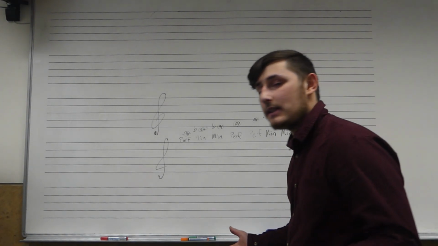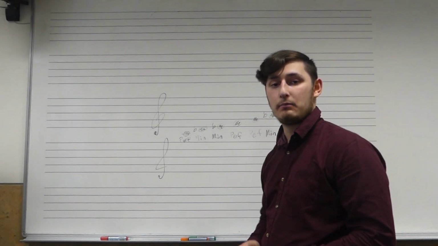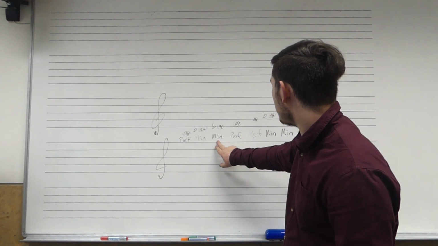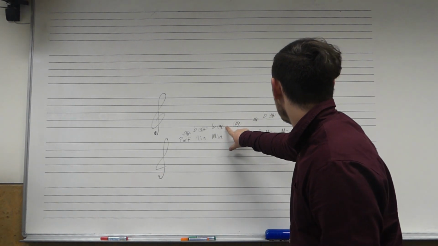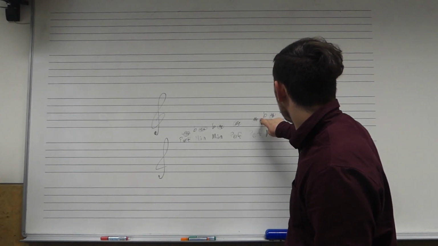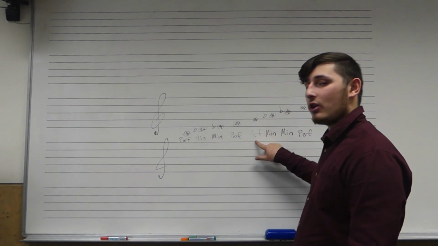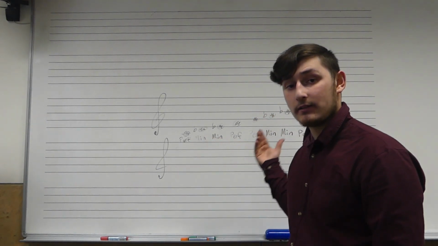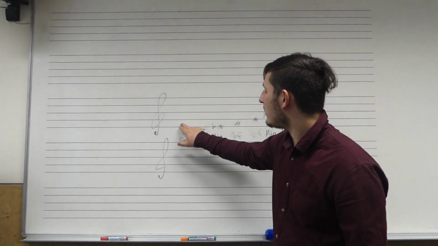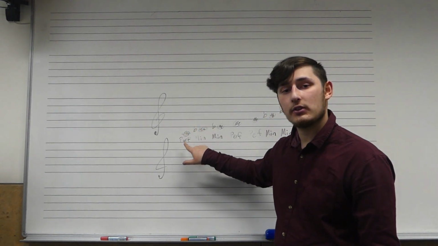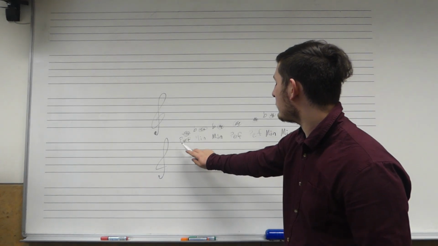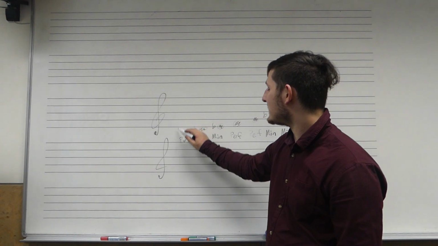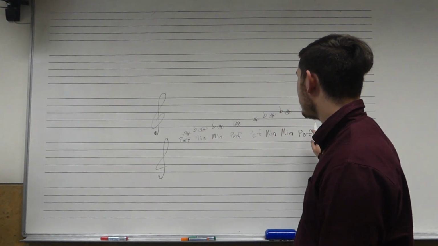Now, the reason I said that keys are going to be important for intervals is because an interval between, let's say, E flat and G, that's not a perfect interval. We relate the perfect and the minor or major to the root or the first note. So all these degrees are for the relationship between C and itself.